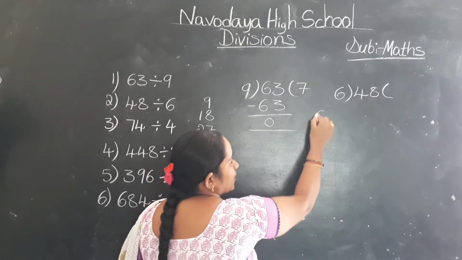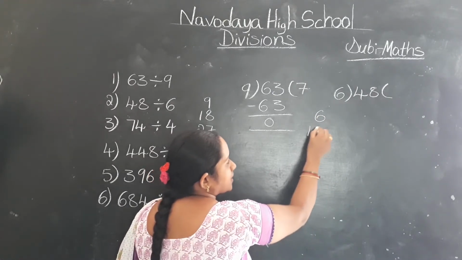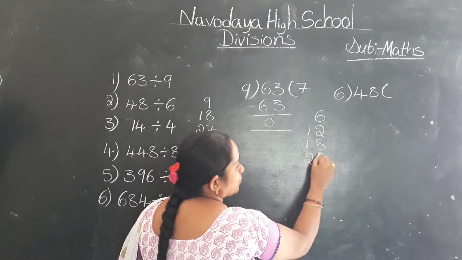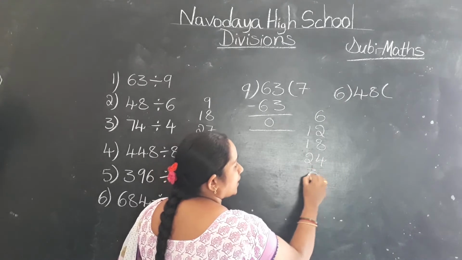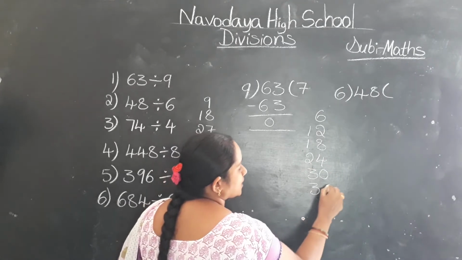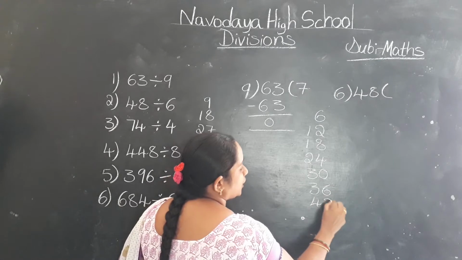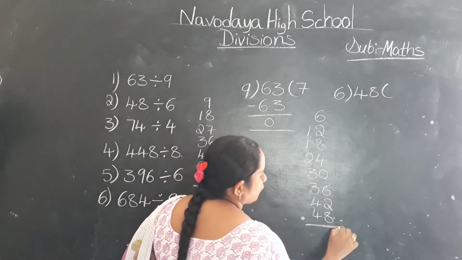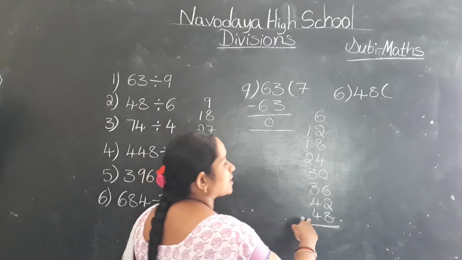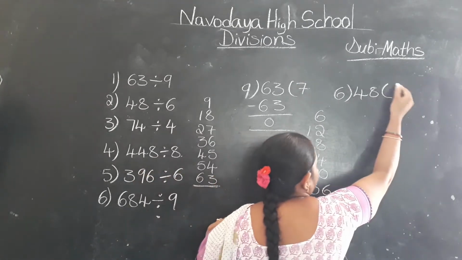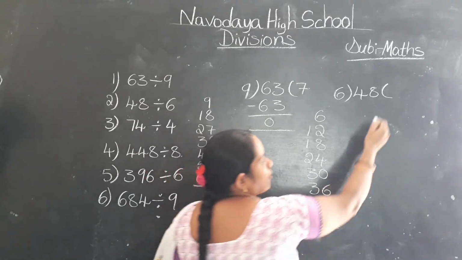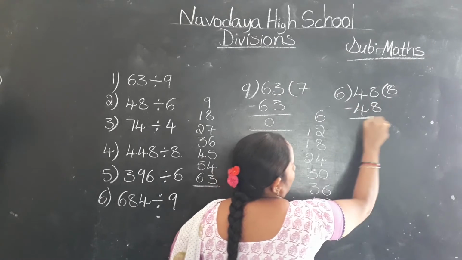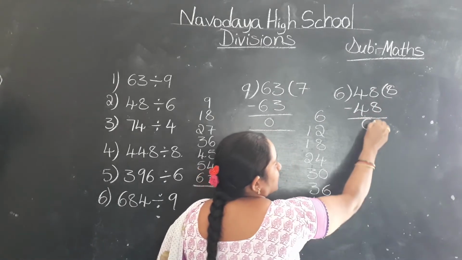Say 6 table. 6 ones are 6, 6 twos are 12, 6 threes are 18, 6 fours are 24, 6 fives are 30, 6 sixes are 36, 6 sevens are 42, 6 eights are 48. 6 eights are 48. 48 minus 48, 0.